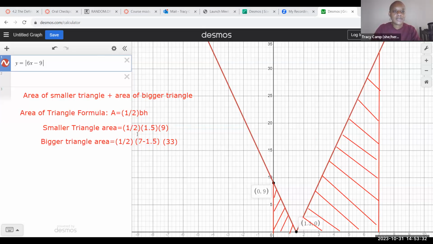So 1/2 times 1.5 times 9 plus 1/2 times 7 minus 1.5 times 33. I'm going to enter this in the calculator.